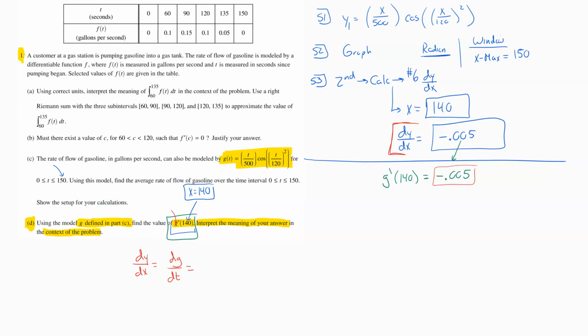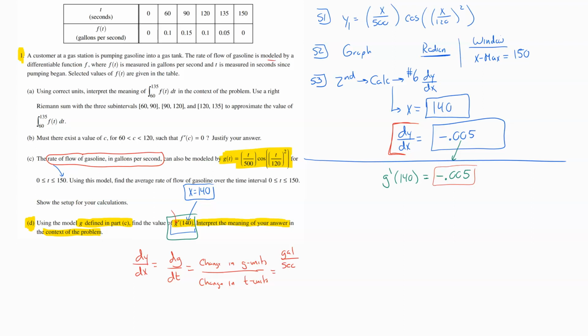Now I go back and find those units, because what we're looking at is the change in g units over the change in t units. That gives me the units on my derivative. My g units were gallons per second, the rate of flow. So my top units are gallons per second.